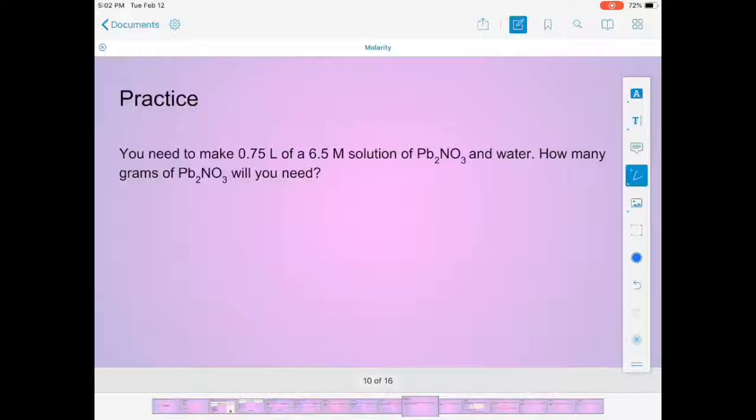Now our first step here is, of course, to find our molar mass of Pb2NO3. You need to make 0.75 liters of a 6.5 molar solution of Pb2NO3 and water. How many grams of Pb2NO3 are we going to need? First step, let's find our molar mass. So we've got 2 leads, a nitrogen, and 3 oxygens. So we can go ahead and add those up.